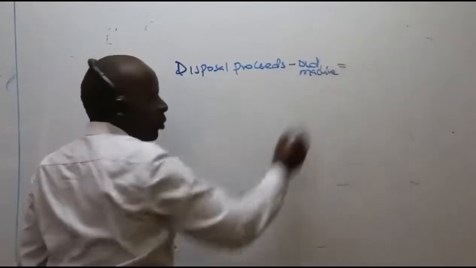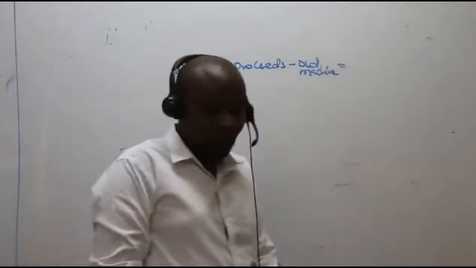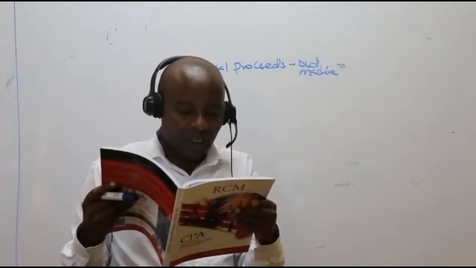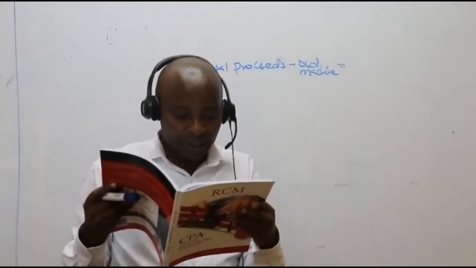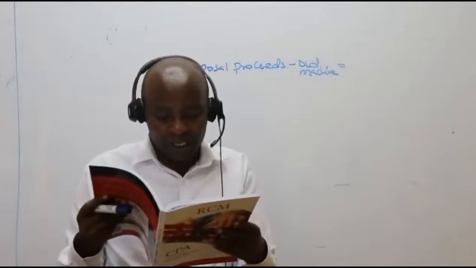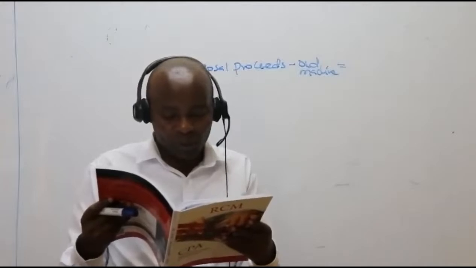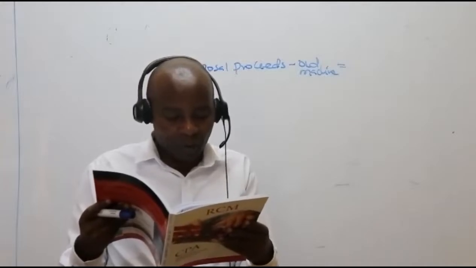So the disposal proceeds of the old machine, ladies and gentlemen, now here, what have they told us? The new machine is expected to cost like that with a salvage value of 4 million at the end of the 5 years. The new machine will also require an additional investment in working capital of 2.6 million at the start of its useful life.